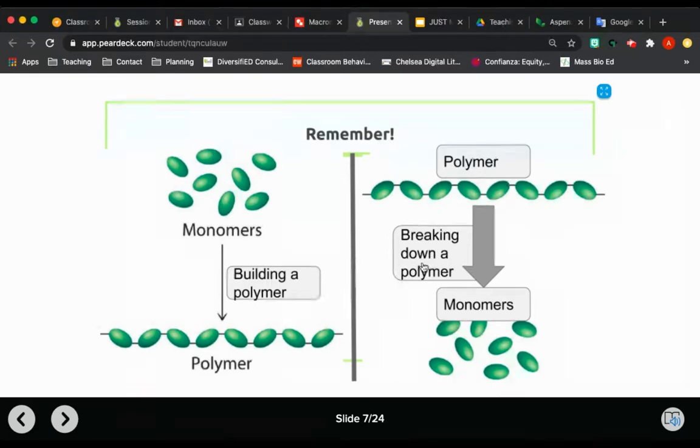You can also break down a polymer, and this is what decomposers do, or digestion if you're eating something. But decomposers like mushrooms, bacteria, worms. So the polymer, you have that, the long chain. And breaking down a polymer, you get monomers, so single units.